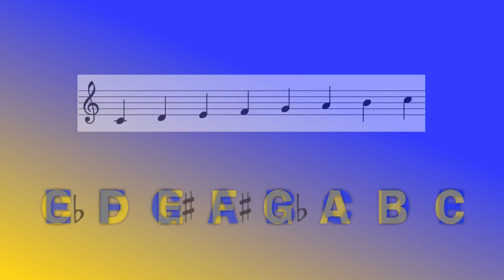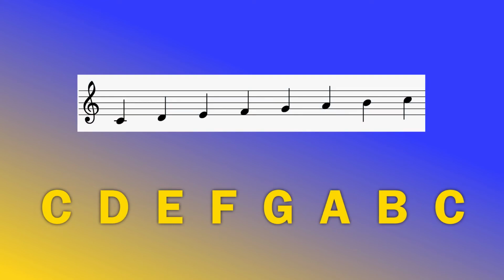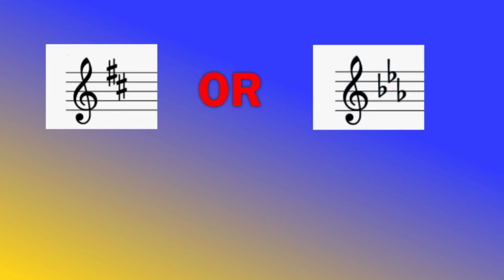A quick side note here. There's also another rule we haven't talked about yet. A standard major key will not have both sharps and flats. It might have no sharps or flats, which is C major, or it will have either sharps or flats.